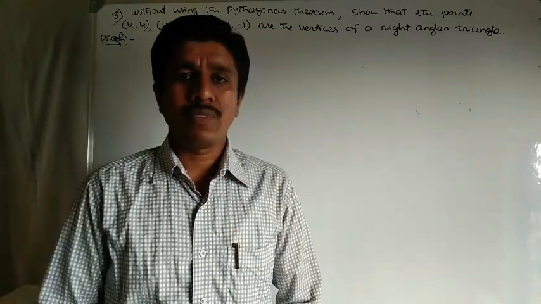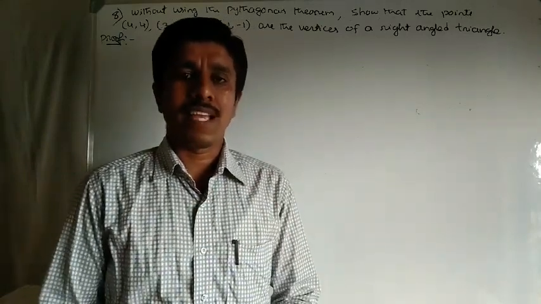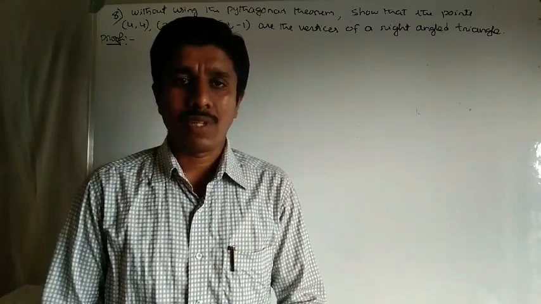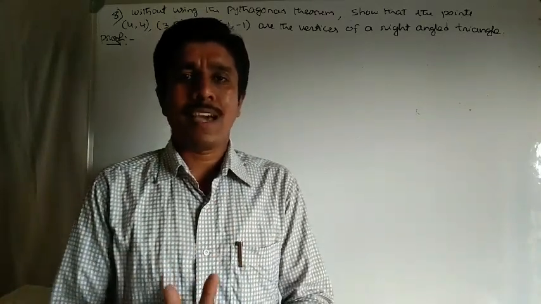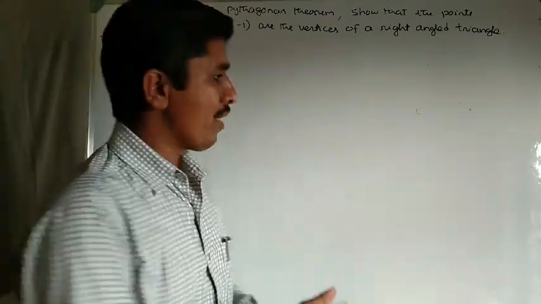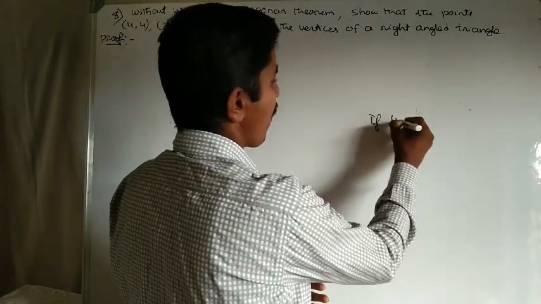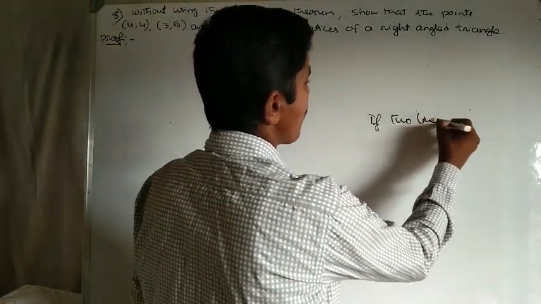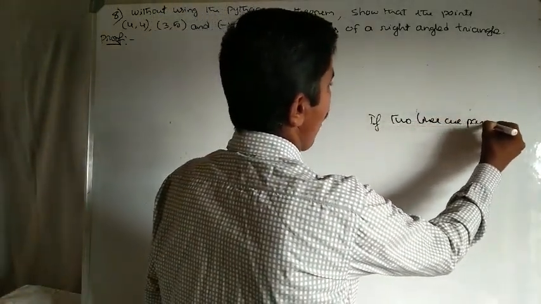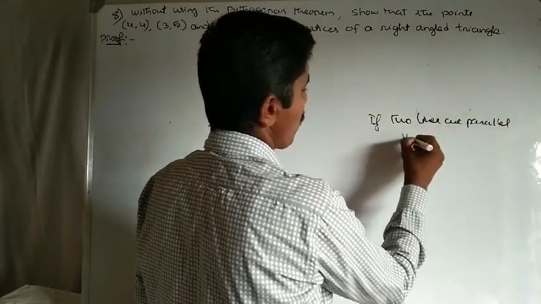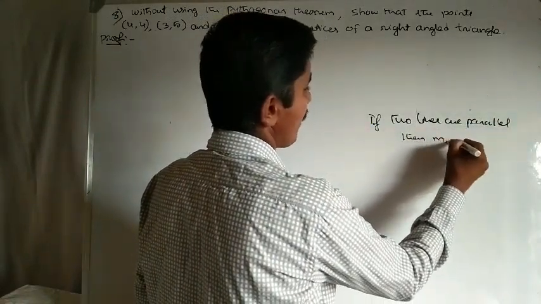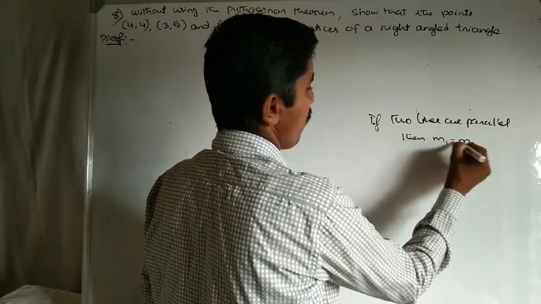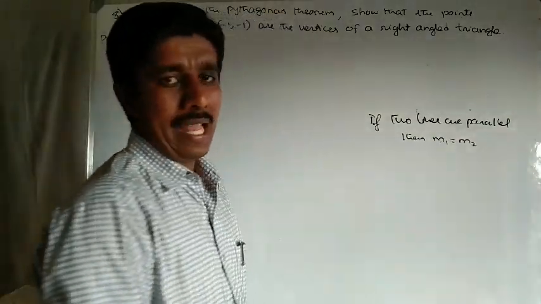Before going to the problem, we shall recall some basic concepts and then go to the problem. We know that if two lines are parallel, their slopes are equal, very important. M1 equal to M2, where M1 and M2 are slopes of two lines.